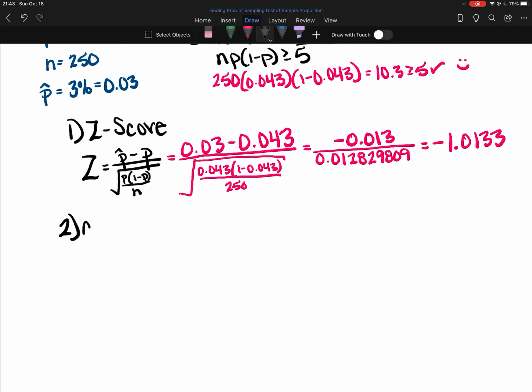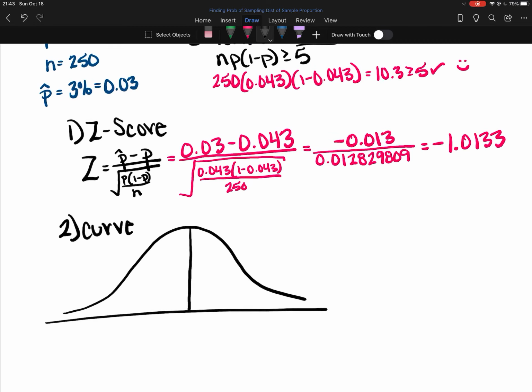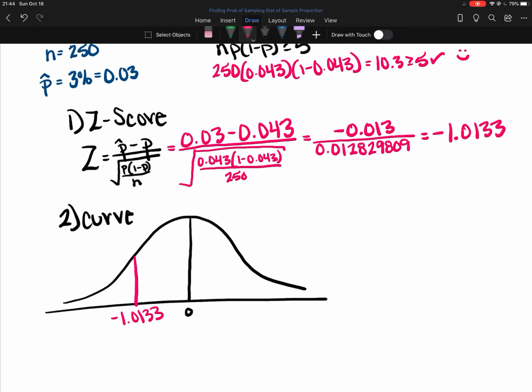So step 2, I draw my curve just like I would if I was looking at an individual from the population or if I was looking at a sample mean. Negative 1 is about maybe here. And we want the probability that the unemployment rate will be less than 3%.